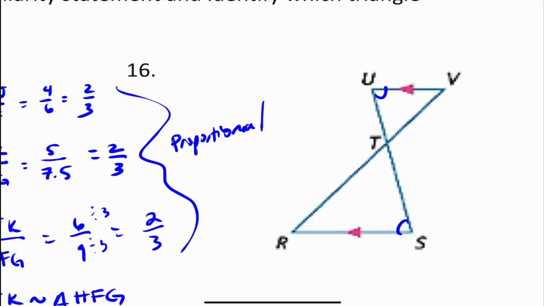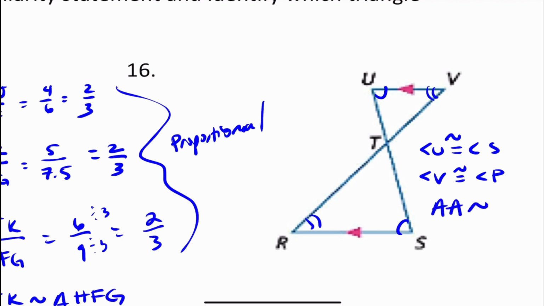So angle U is congruent to angle S, and angle V is congruent to angle R. These two figures here are similar to each other by the angle-angle similarity.